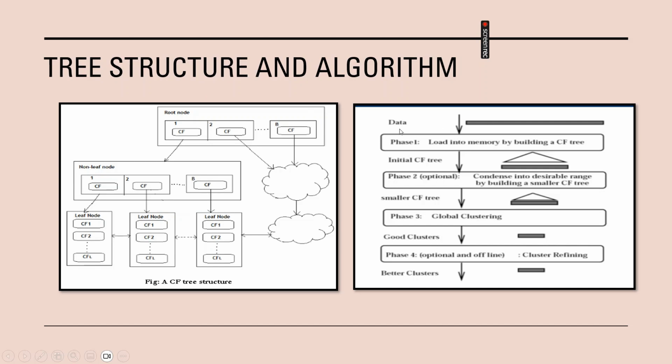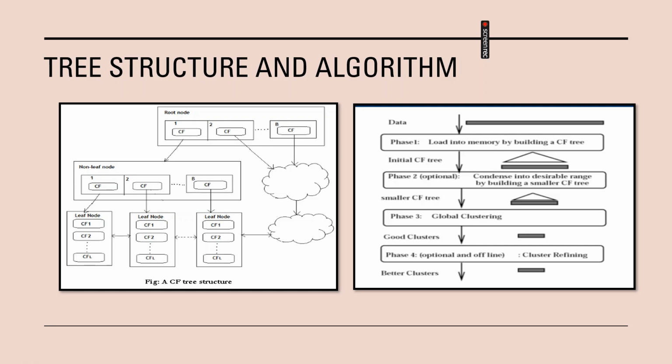Now the working process of the algorithm. Initially, the data set is loaded into the algorithm, and the algorithm will create an initial CF tree. The next phase condenses the CF tree into a smaller CF tree. This is optional. The next phase is global clustering.